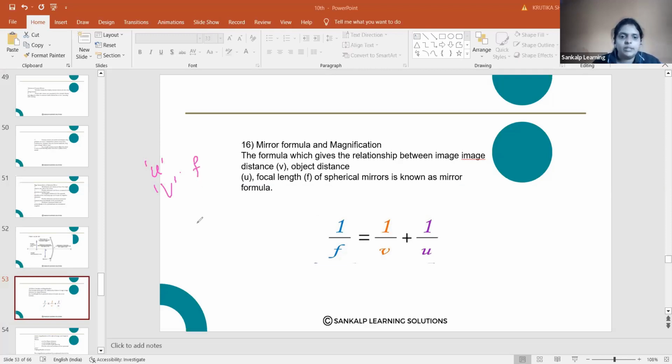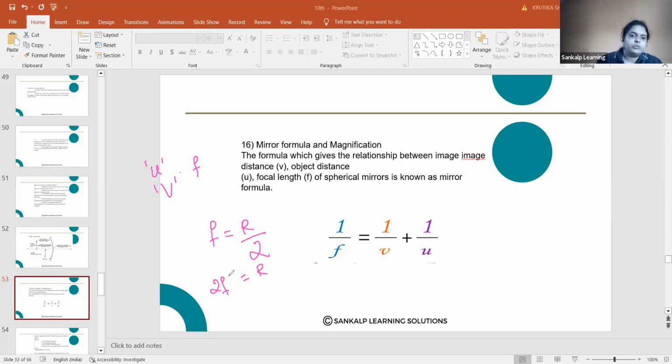Here we have the relation between all three terms. It is 1 by f is equal to 1 by v plus 1 by u. That is, the reciprocal of the focal length is equal to the sum of the reciprocals of the image and object distances. Here we have one more relation, between the focal length and the radius of curvature: f is equal to R by 2, or else we can write it as R is equal to 2f.